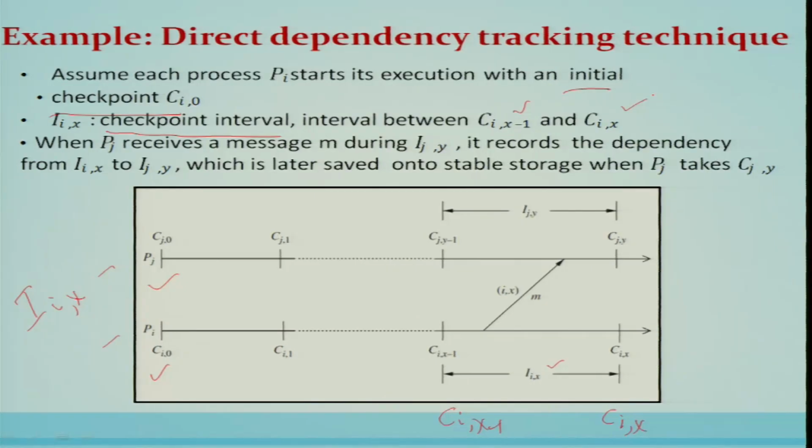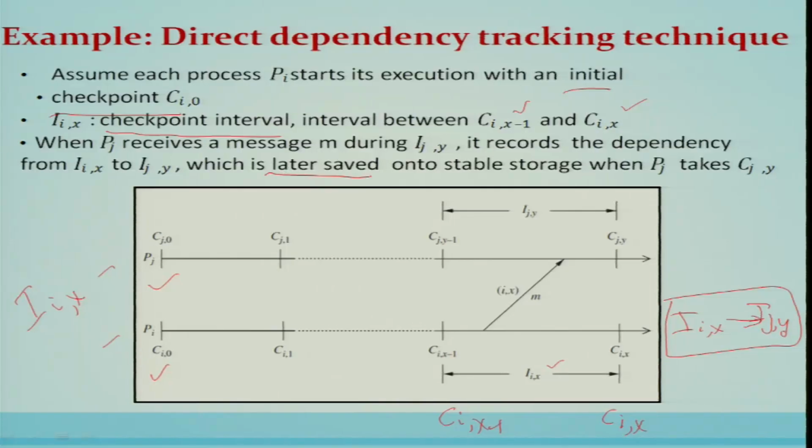Now when a process Pj receives a message M during its checkpoint interval, that is capital Ij comma y, it records the dependency from capital I i comma x to capital I j comma y. This dependency ensures that between these intervals the flow of message creates a dependency between these two processes.